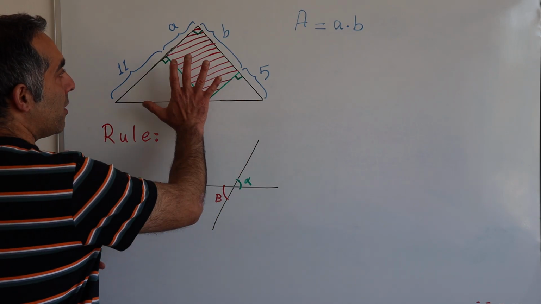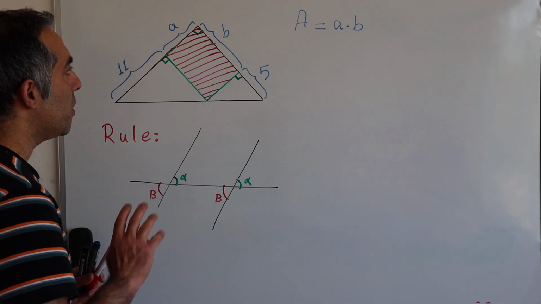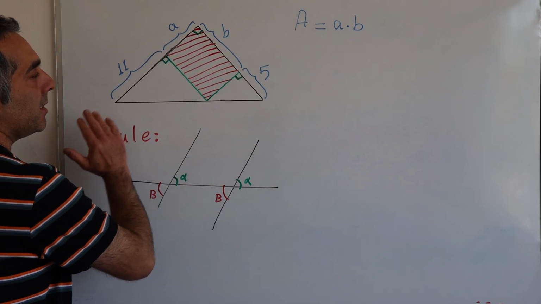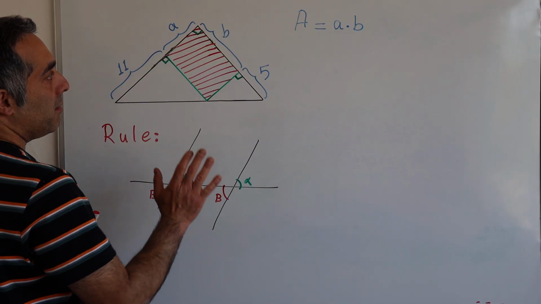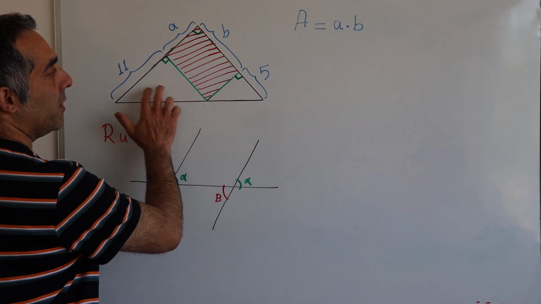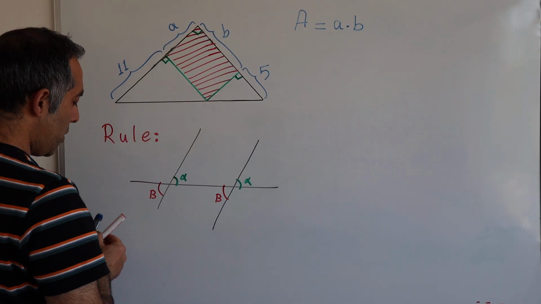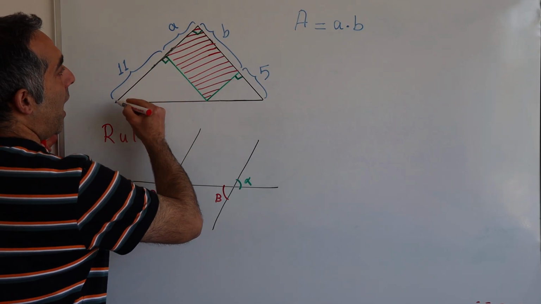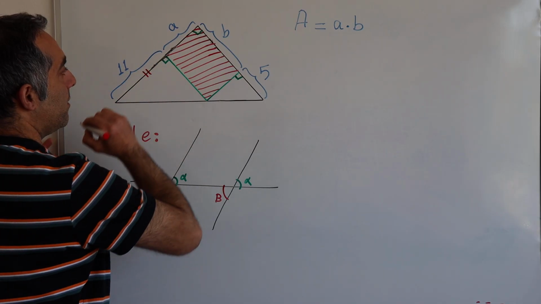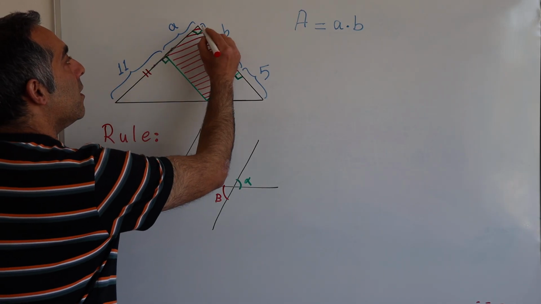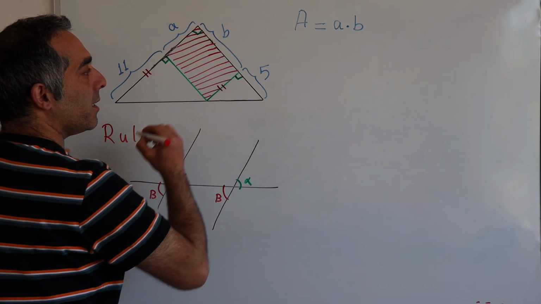Now we can come back to this example. You know about these angles and the triangles here, and we have a rectangle here. Then you know this line, I mark it, is parallel to this line.